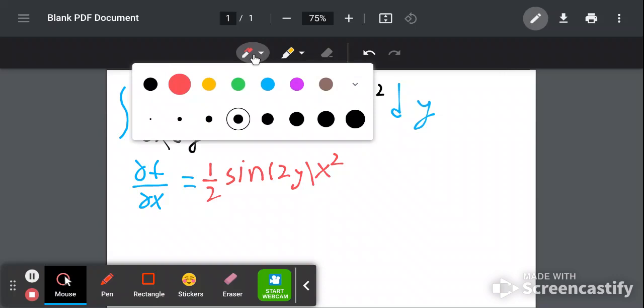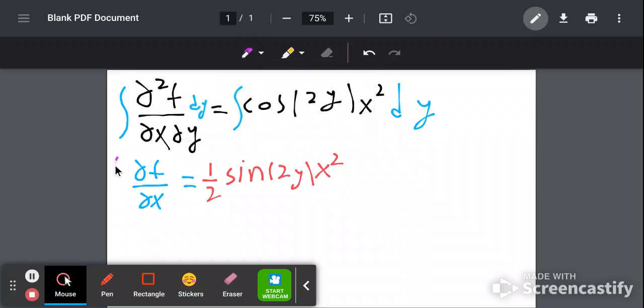Now we're going to do the next step, which is basically the last step, and we're going to integrate with respect to x. So we're going to have a dx here. We're going to integrate this with respect to x, so we have a dx here. And now the integral of the partial derivative with respect to x is just f.